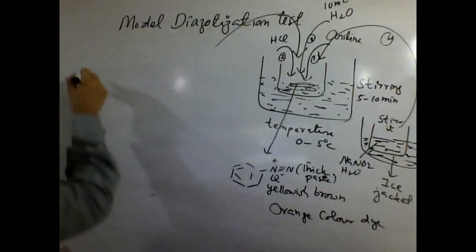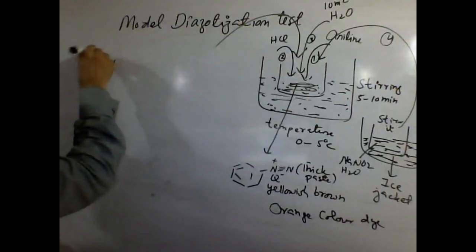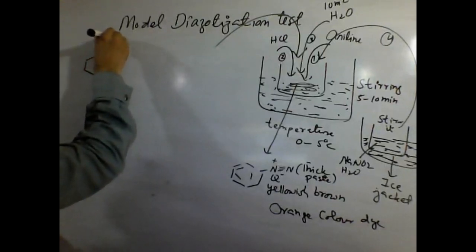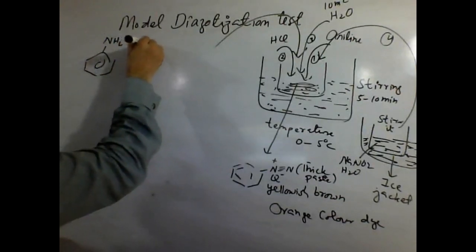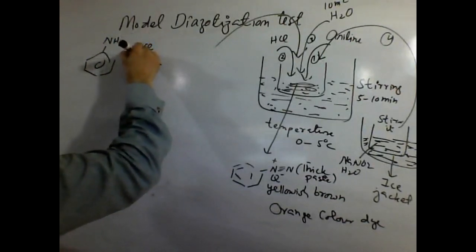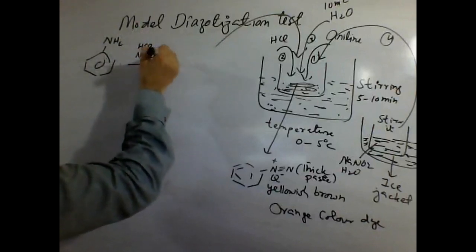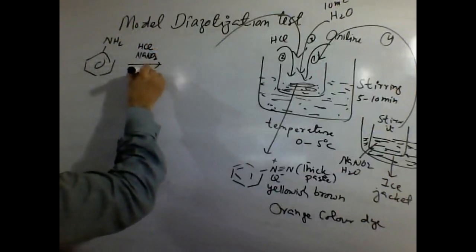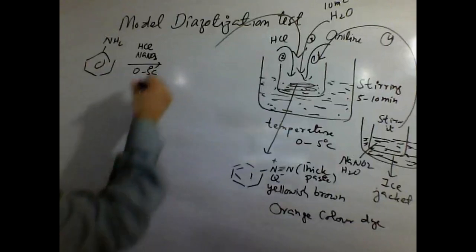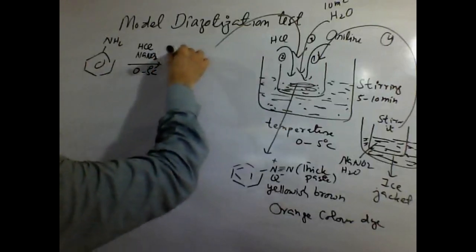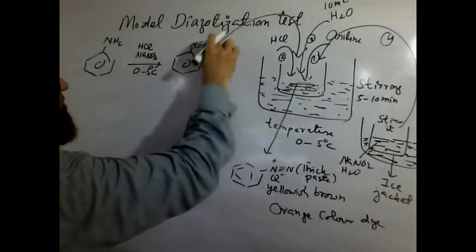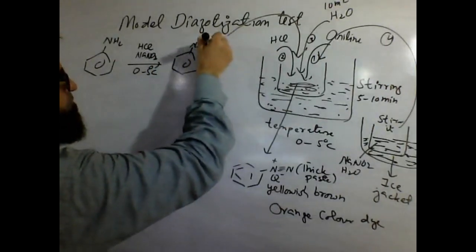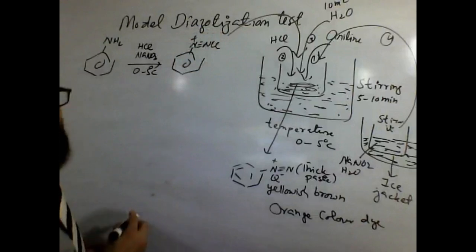Let me start from the beginning. We took aniline, we dissolved it in HCl, put it in NaNO2 solution in water. We kept the temperature 0 to 5 degrees, and then we received this sort of diazonium salt.